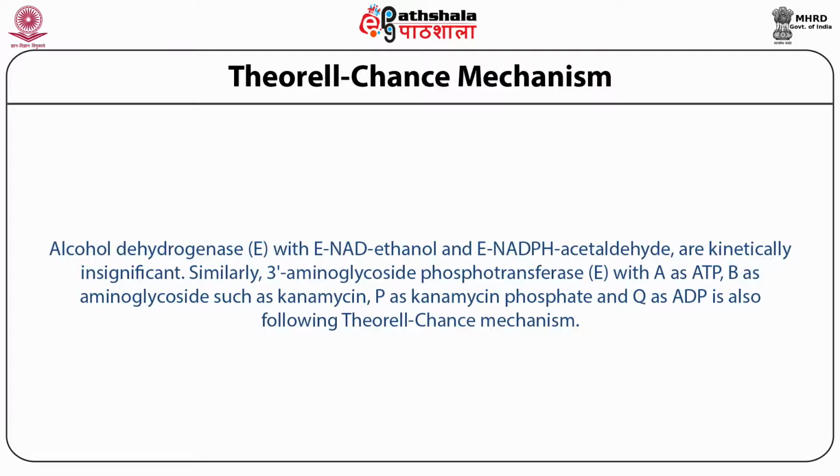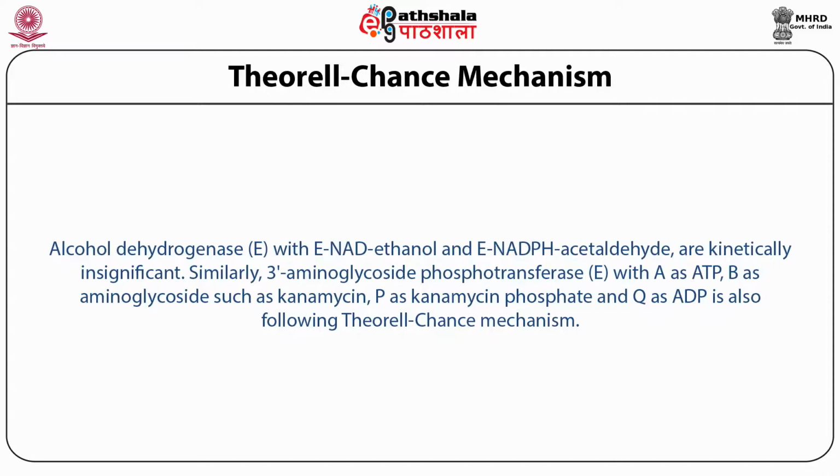The second example, which also follows the Theorell-Chance mechanism, is aminoglycoside phosphotransferases, where substrate A is ATP, and the second substrate is an aminoglycoside such as kanamycin. The product which is released is kanamycin phosphate, and the second product which is released is ADP.